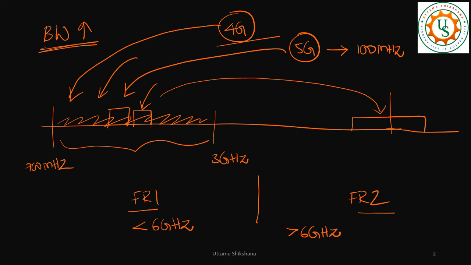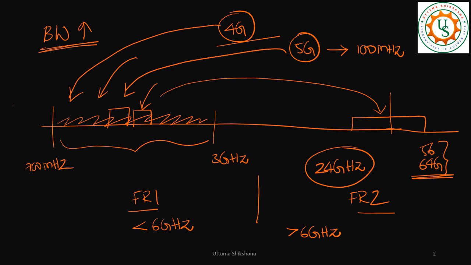As per the 3GPP spec, this will usually be around 24 gigahertz. That is around this one band, and around 56 to 64 gigahertz, in that range, around one more band. The exact details you can find in the specification, but I am giving rough numbers over here to give the picture.